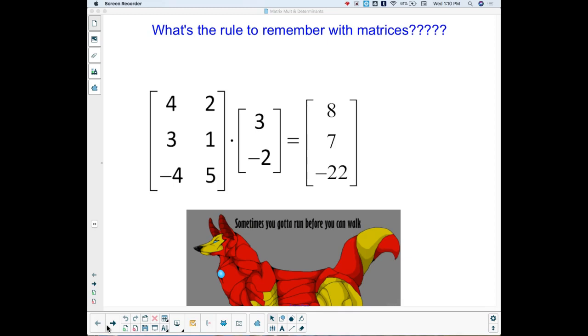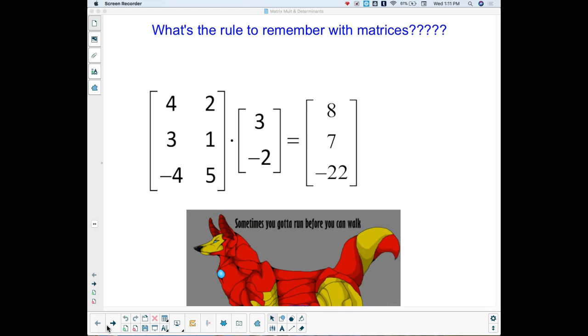Okay, but just in general, can we shorten that up to just rows by columns? Everything with matrices involves rows by columns. Size, if you want to remember it even easier, size matters.